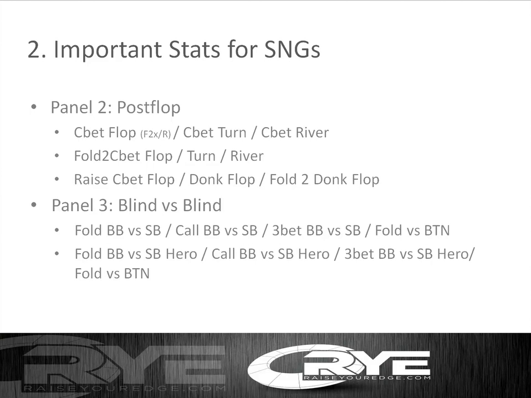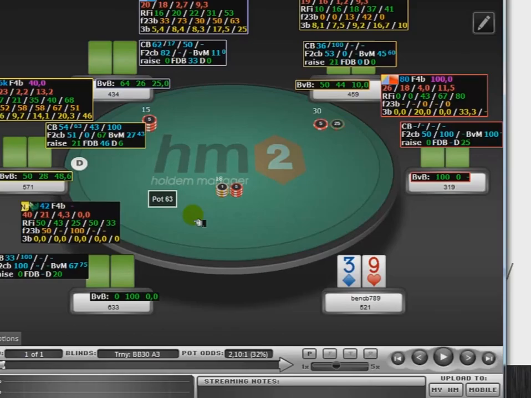We'll see that the deviations from the fold versus button stat are not so huge, because in this situation we look at how much the blinds 3-bet, because we have no problem when he only defends passively. Then we play in position, that's not a problem. So I think the 3-bet versus button stat is more important, and that's why in my HUD there are only the first 3 stats. You can also use the versus hero stats when you have a high sample size or you play against some regulars very often.